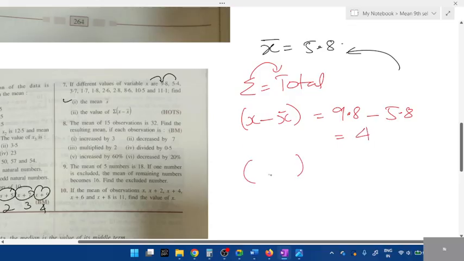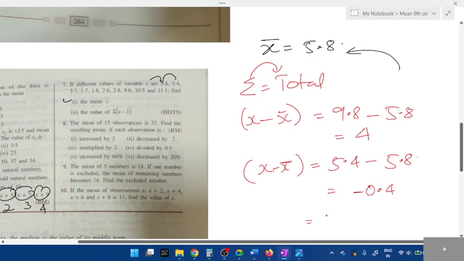What is the next x value, students? 5.4 minus what is the x dash we got? 5.8, right? Okay. When you subtract, you get 0.4. 5.8 is greater. So minus. Okay, try the next one.